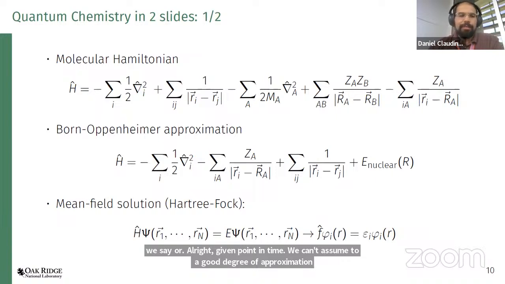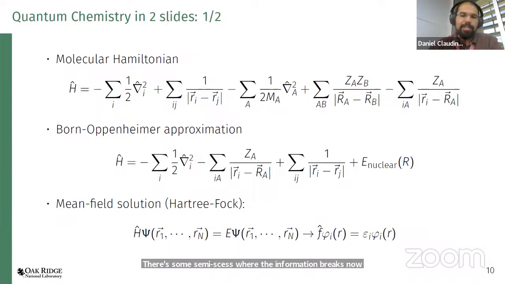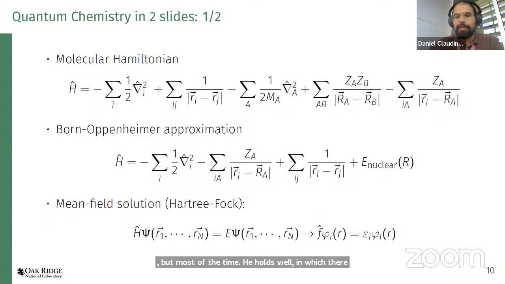Then we have this term at the end that encapsulates all the nuclear contribution. It's a simple classical electrostatic term, the nuclear repulsion between the nuclei. So we start solving this problem.